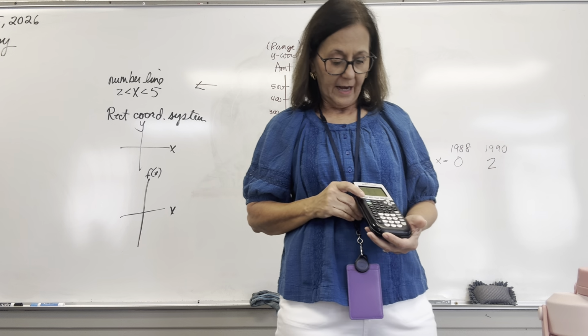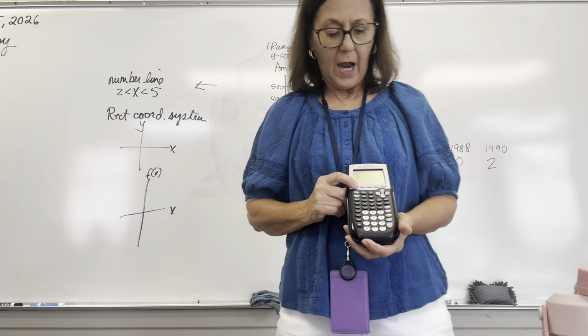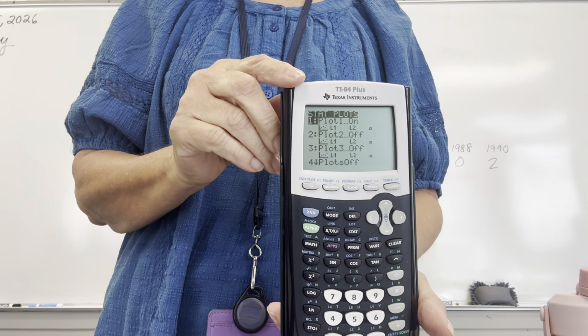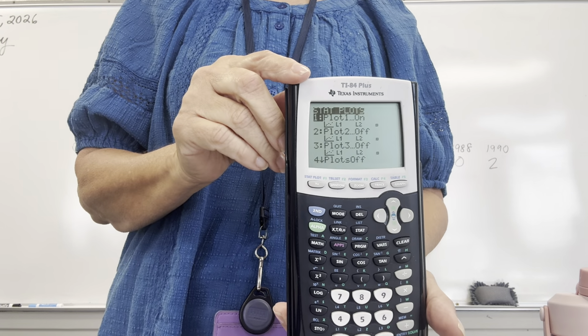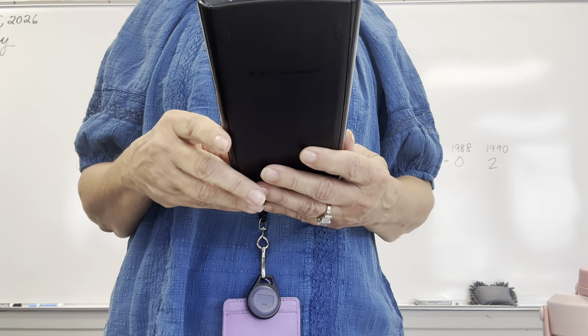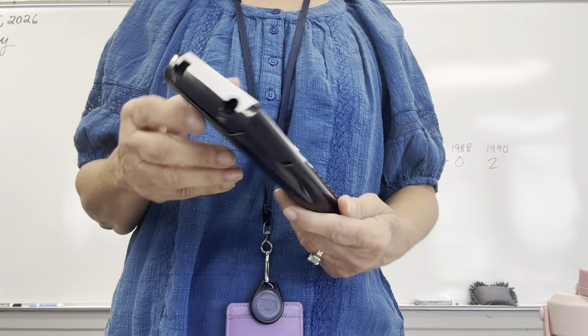Okay, now we're gonna go plot them. So if you do second y equals, that takes you to the plot. Do y'all have the plot 1 turned on? Does it say on? Okay, hit enter on 1 and then highlight on.